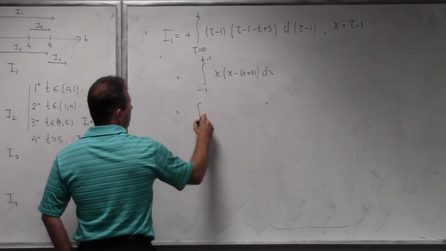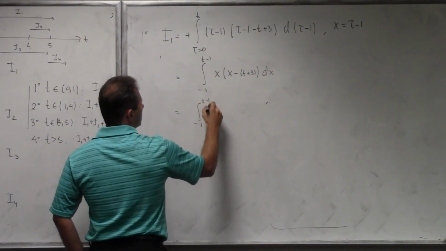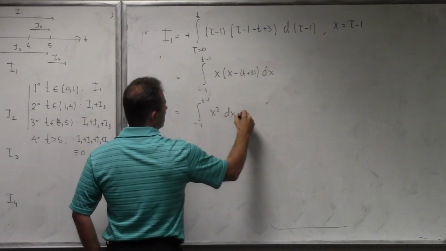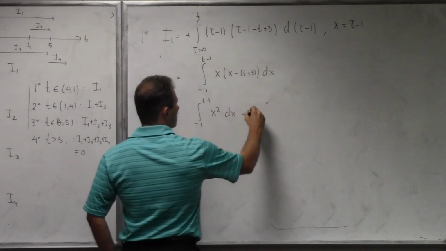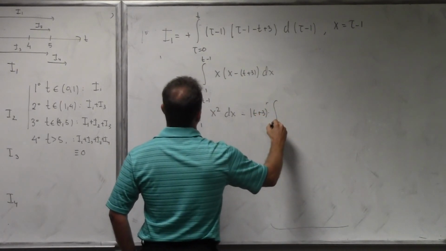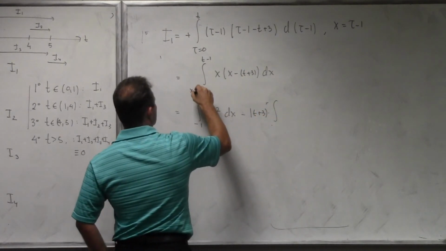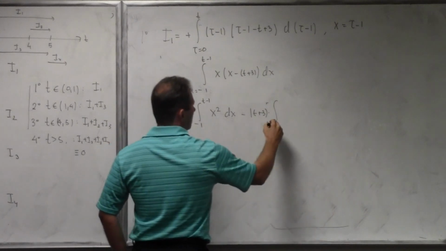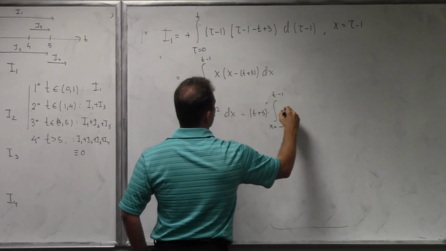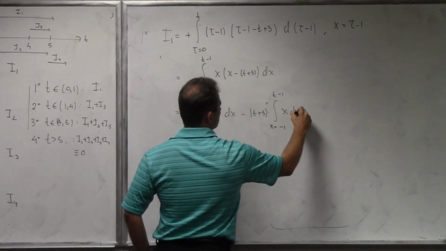So this is an integral from minus 1 to t minus 1 of x squared dx, minus t plus 3 times the integral of x dx, where x goes from minus 1 to t minus 1.